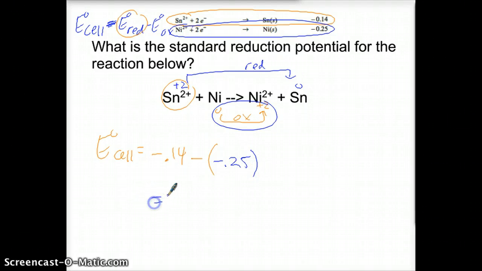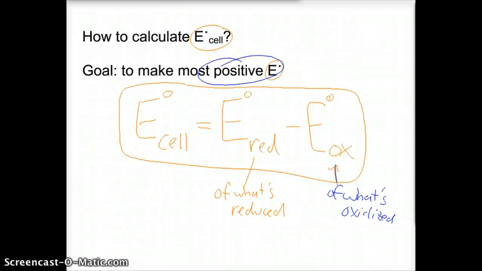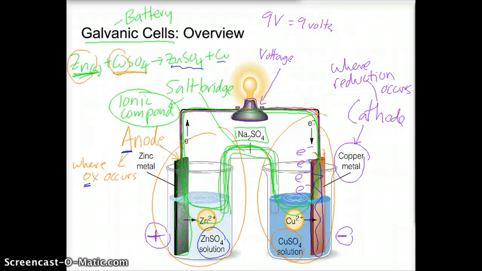So if those numbers are added together, I'm going to get 0.11 volts. So this is a spontaneous cell. It would produce electricity, but nowhere near as much electricity as this combination of half reactions here. So you need to understand how to calculate E naught of cells given half reactions using this equation, standard reduction potentials, all the vocabulary here, and we'll be good to go.